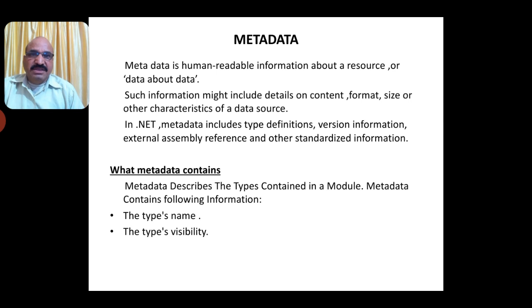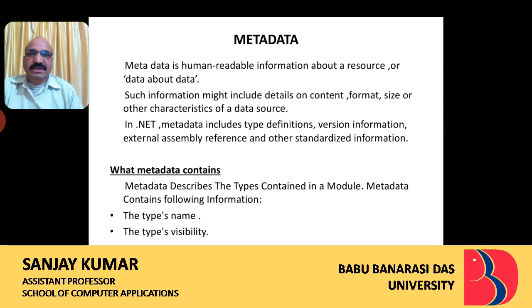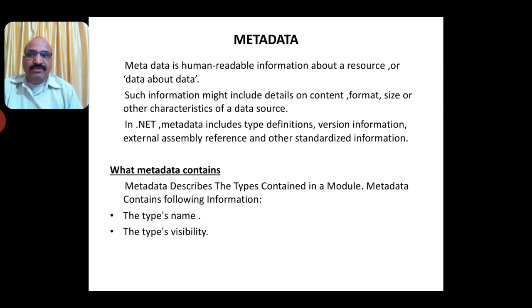The information is loaded into memory when the file itself is loaded, making the metadata accessible at runtime. Metadata can also be read directly from the file that contains it, making information available even when code is not loaded into memory. The process of reading metadata is known as reflection.